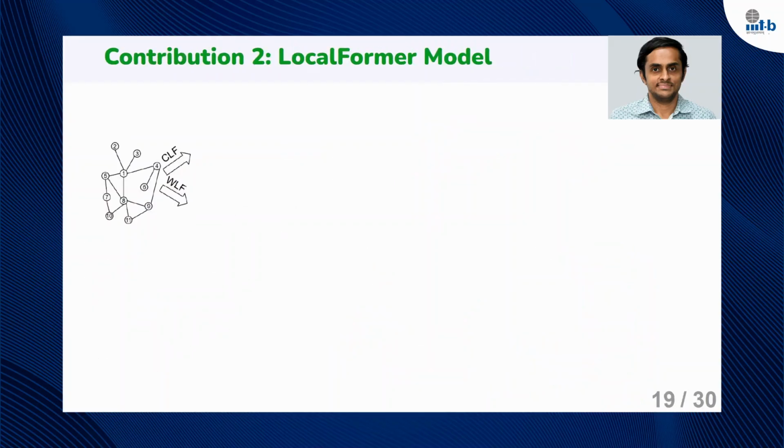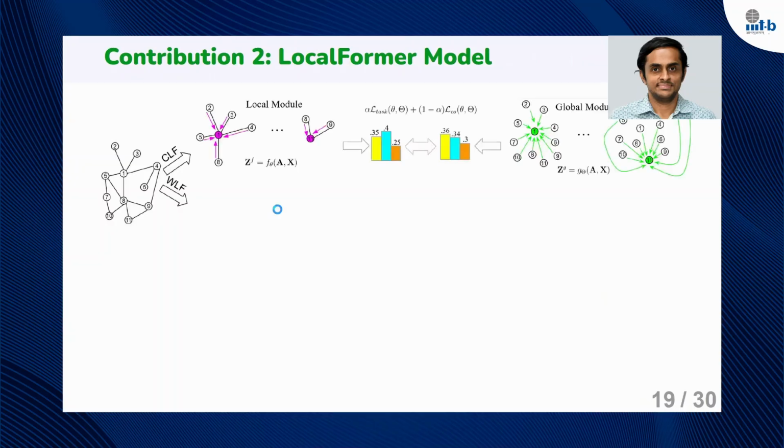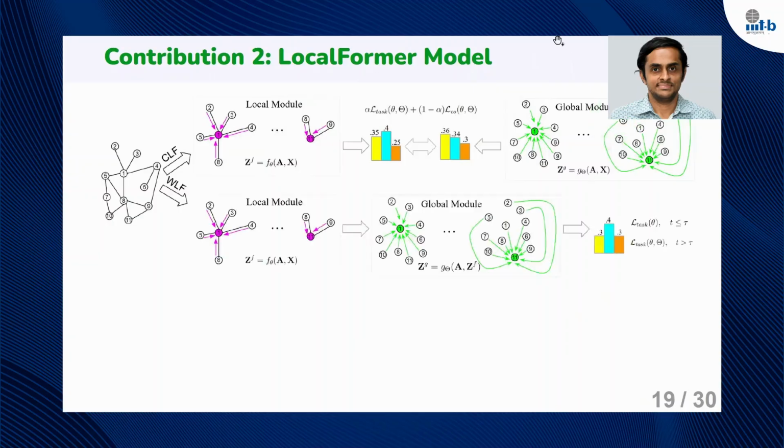So this is contribution 2 of our research. We train the two models together. One is this collaborative LocalFormer, in which we have a joint loss function to train both of them together. I'm not going to get into the details of all the math of the loss functions, but this is the high-level idea. And then we have this warm-up LocalFormer, in which we train the local module for a fixed number of epochs initially before introducing the global module.